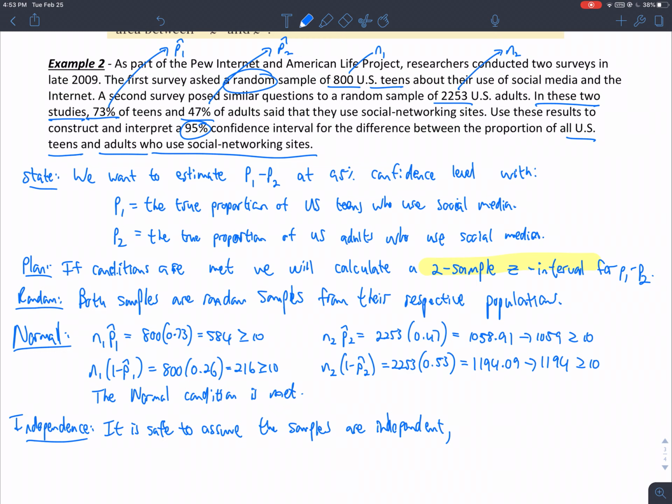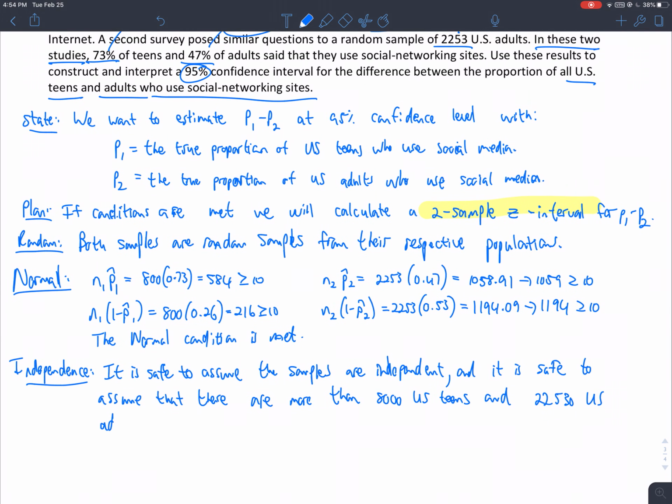Okay. And it is safe to assume that there are more than, what do I need to beat here? 8,000 US teens and 22,530 US adults.